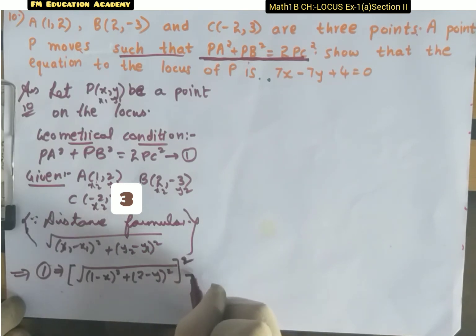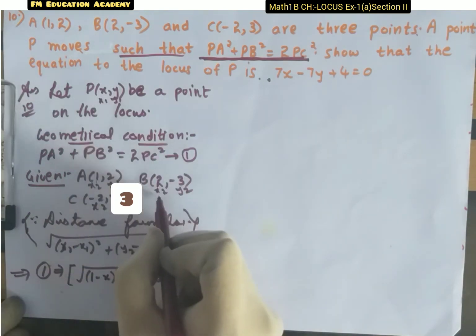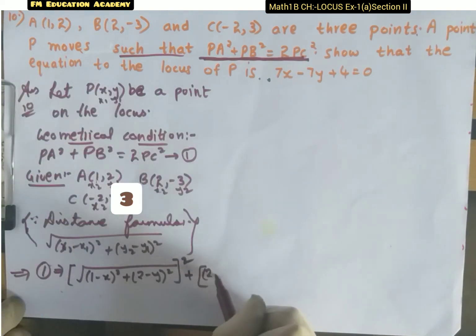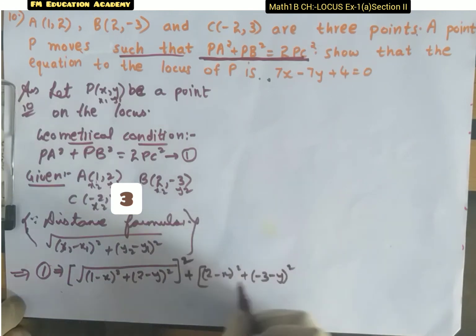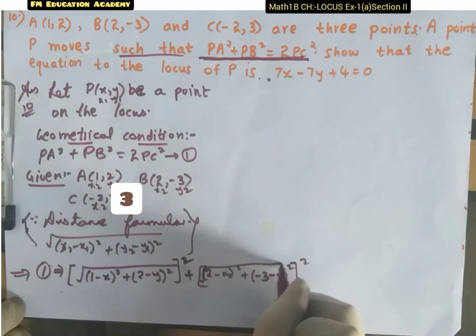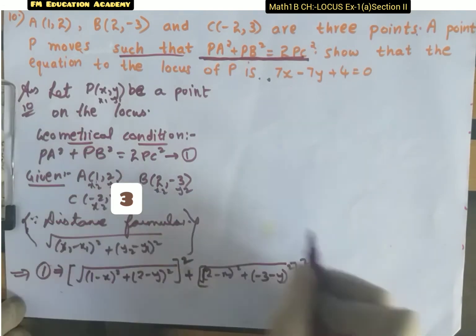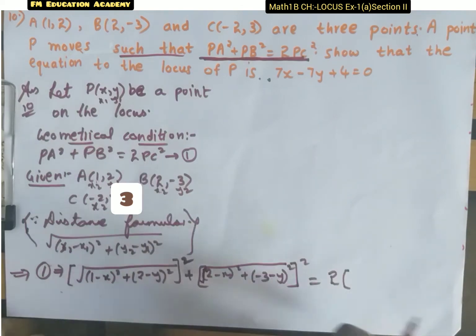That is PA square plus PB square is given. What is PB square? P is x1 y1 and B is 2 comma minus 3. So 2 minus x whole square plus minus 3 minus y whole square, using the distance formula, is equals to 2 into PC square.